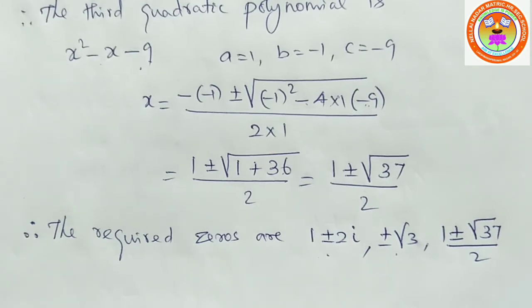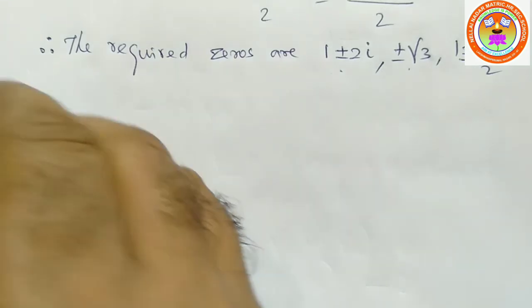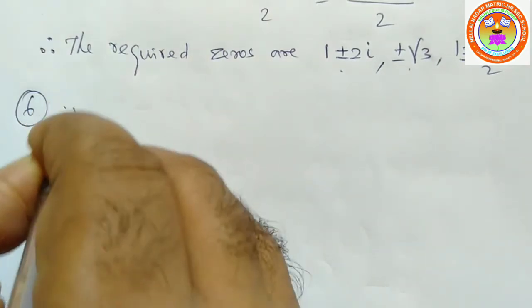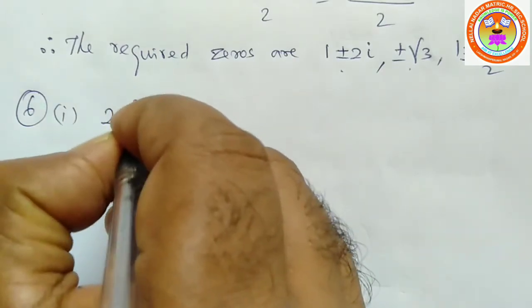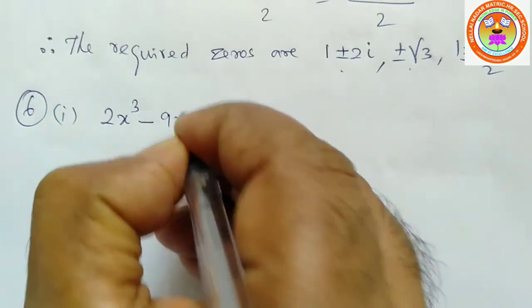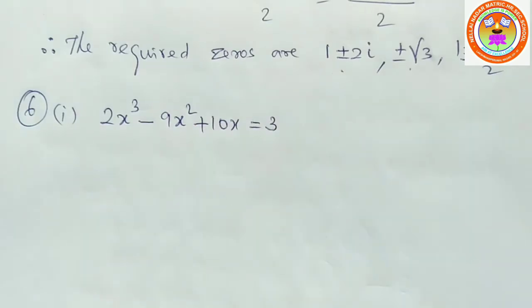Question number 6 is: solve the cubic equation. Here there are two parts. The first part is 2x cube minus 9x square plus 10x, which is equal to 3.